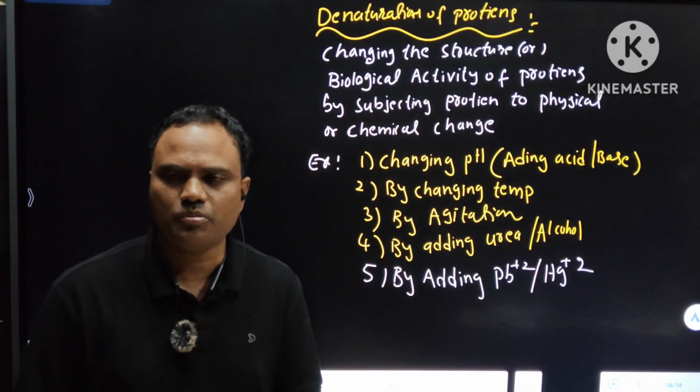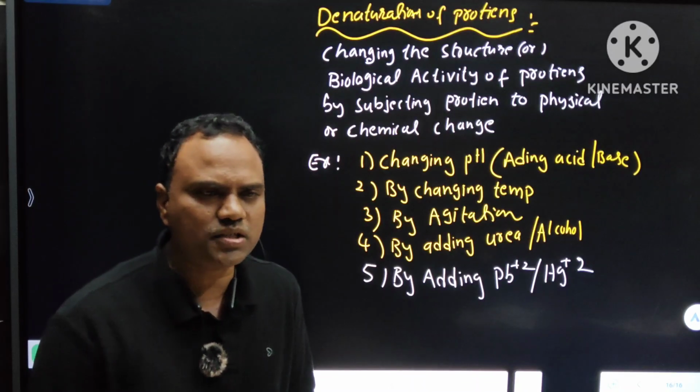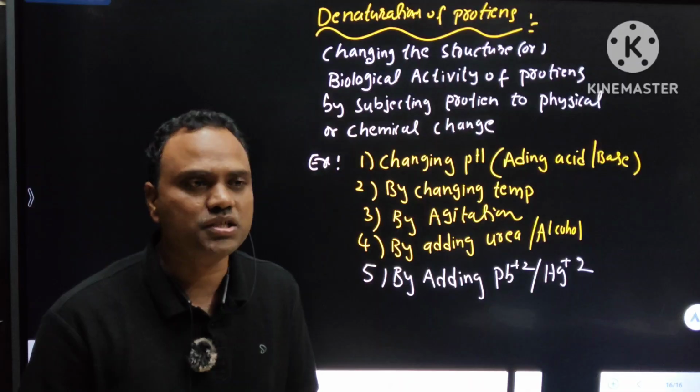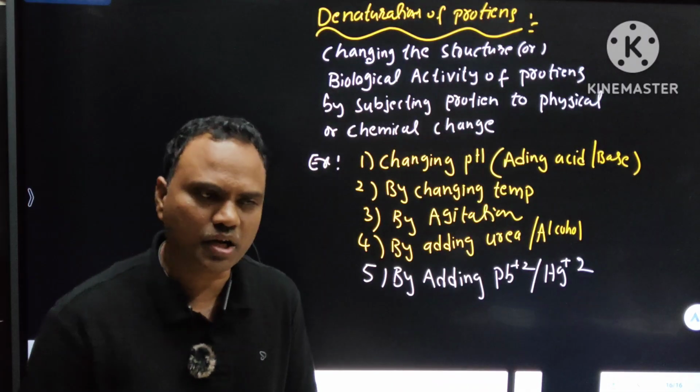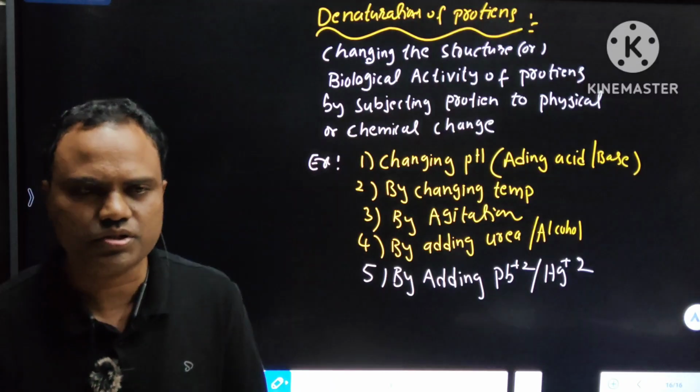During denaturation, what happens? Very, very important point. The protein loses its biological activity and the secondary and tertiary structures get disturbed. There is no change in the primary structure. That is the only important point about denaturation.